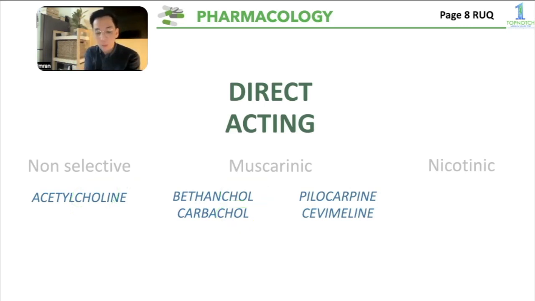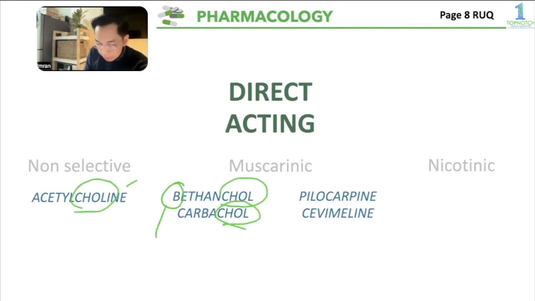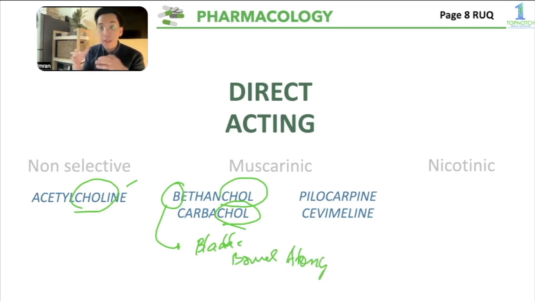And your bethanechol, it's used for bladder and bowel atony. Ginagamit si B for bladder and bowel atony. Ayan, atony meaning hindi ka nakakaihi. Pero ang gusto mong gawin, papaihiin mo siya. If you recall, anong receptors yung nandun sa GU natin kanina?